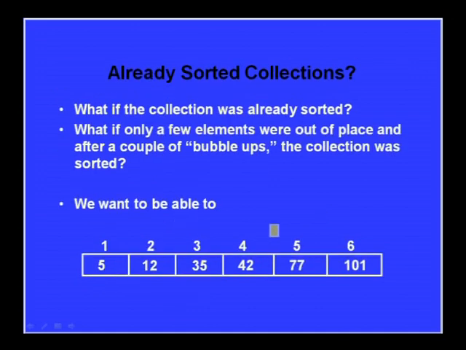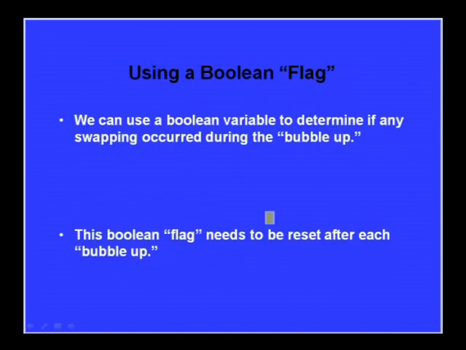Now suppose in between, if the elements happen to be in a complete sorted manner after say the second or the third iteration, then do we need to carry on till the n minus 1 iterations? It is not required. So, how do we reduce the number of iterations in case the array is already sorted?